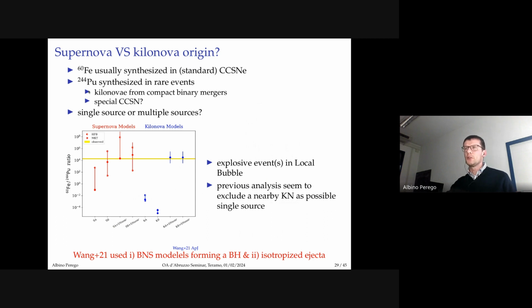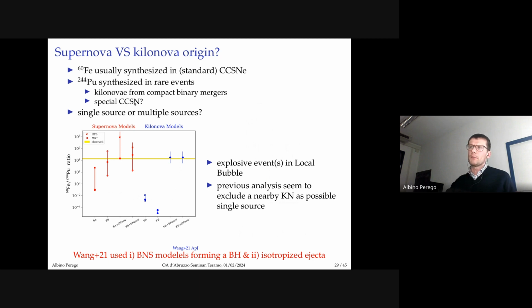What makes the puzzle is that plutonium, on the other hand, is a strong r-process element, which, as we have seen, is typically synthesized in binary neutron star mergers, and so it's something that powers the kilonova. Standard core collapse supernovae are not able to synthesize plutonium, and so people started assuming the existence of special classes of core collapse supernovae.